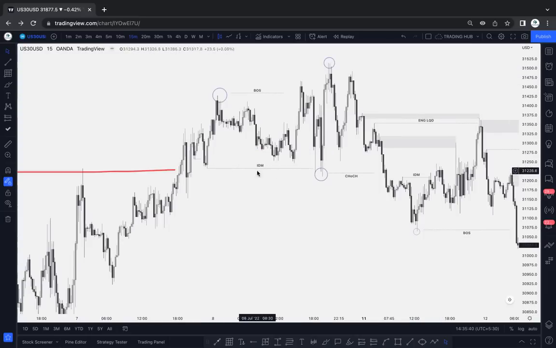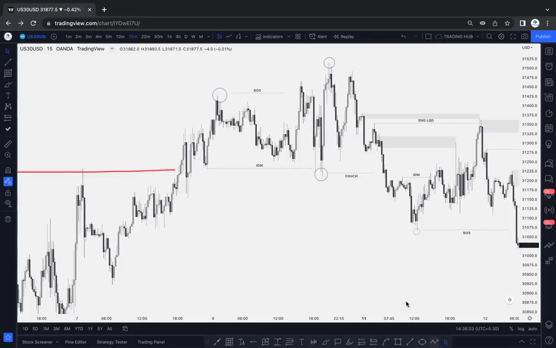Generally I will take a decision based on the recent actual low here. This is an internal structure between this, this is also internal structure, and this is also internal structure between this line.